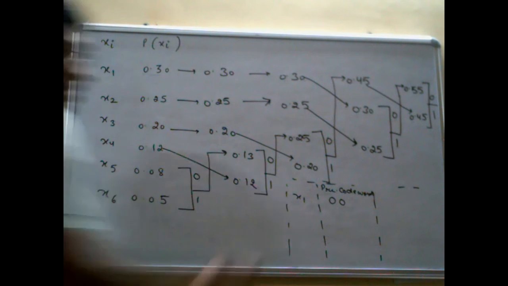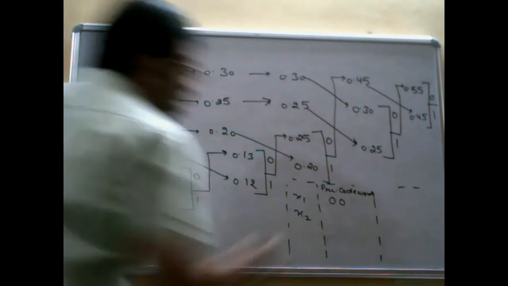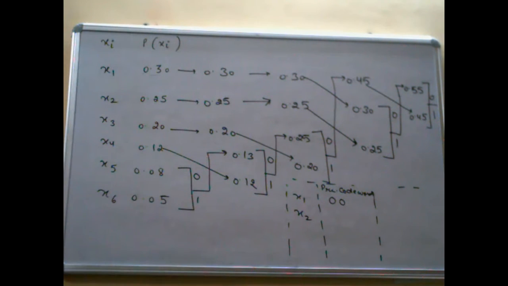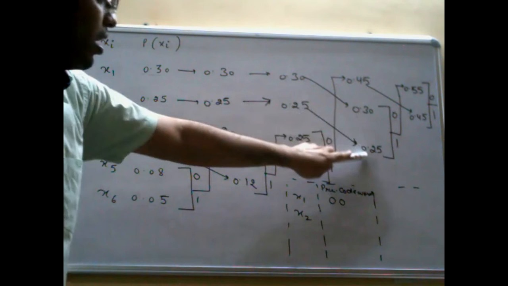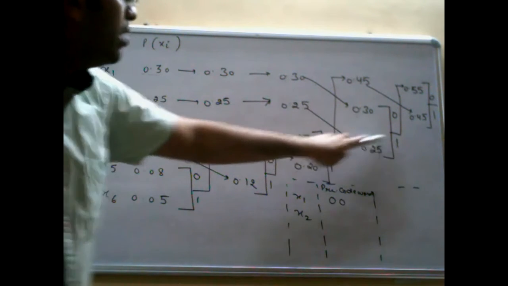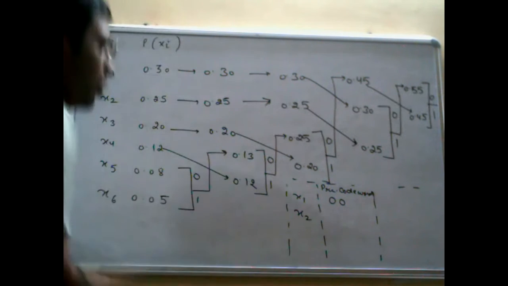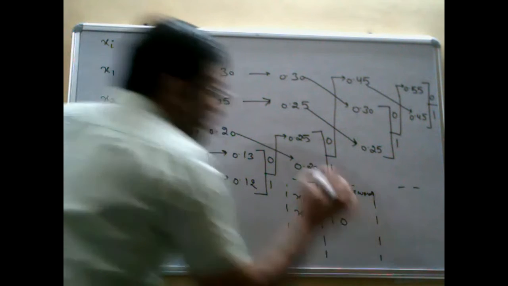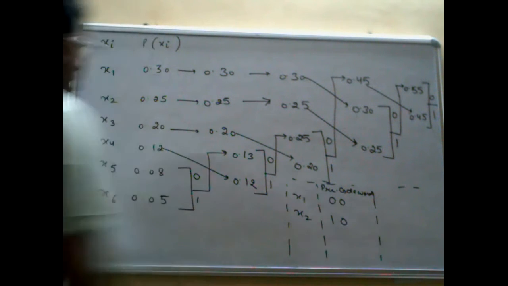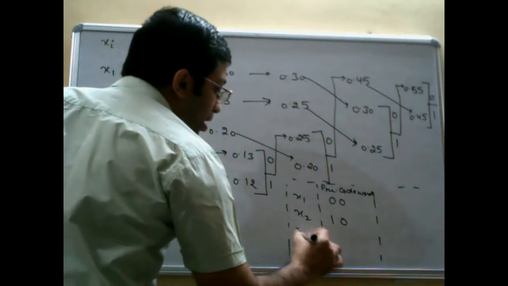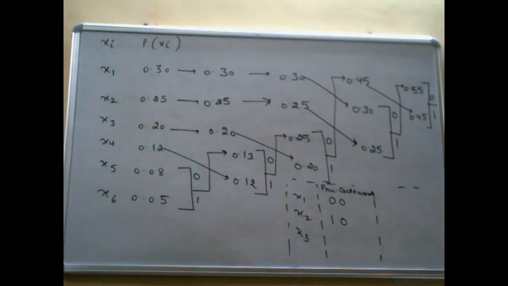Okay. If it is clear, tell me for x2. What will be the value? You have to move along this arrow. You move bottom over here, it is 1. Then you move to the top. It is 0. So 1, 0. Okay. Then for x3, what will be the value?